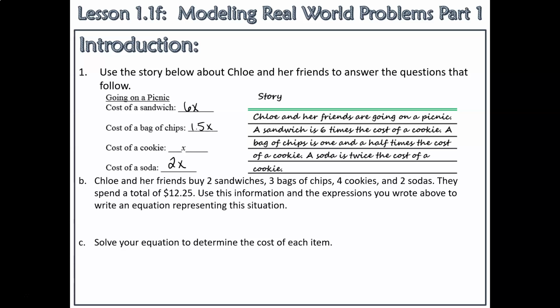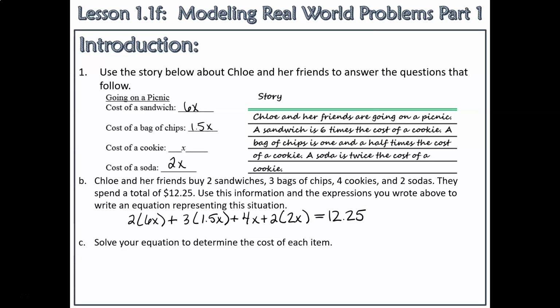So here sandwiches are 6X. So we have 2 of the sandwiches, which are 6X. And we're going to add 3 bags of chips, which are 1.5X. Then we're going to add 4 cookies, which are 4X, most important part, and 2 sodas, and the sodas are 2X. And they all spend $12.25.